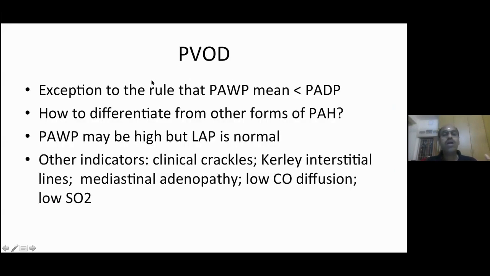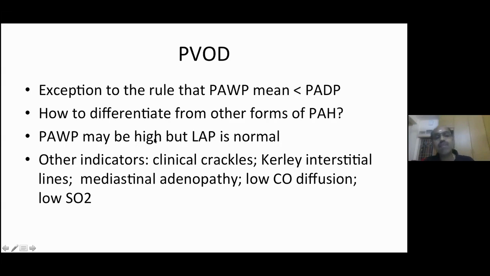Now, one exception to that previous rule is among the patients included in pulmonary arterial hypertension, which is the type 1 group. One exception is pulmonary veno-occlusive disease, where the pulmonary artery wedge pressure can be lower than the PA diastolic pressure. How to differentiate this particular form from the other forms of pulmonary hypertension?